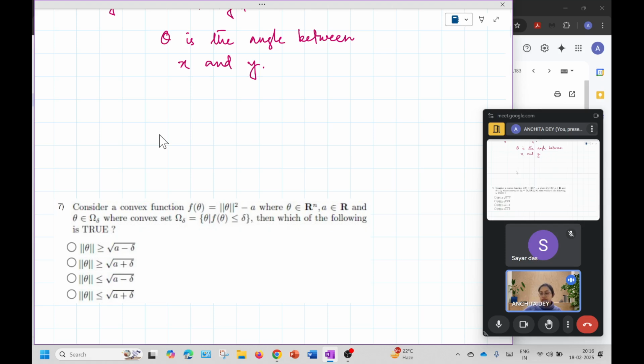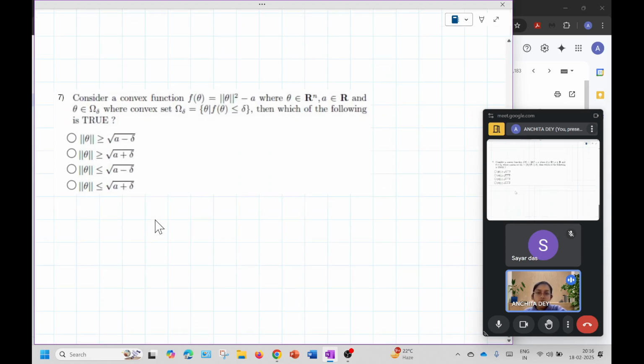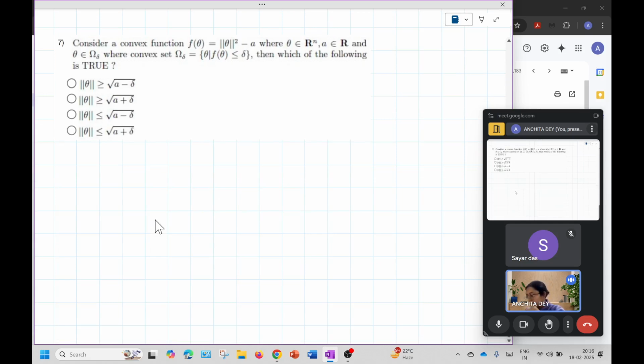Let's now move to question number 7. We are given a convex function f of theta, which is given by norm of theta squared minus a. Here theta belongs to R^n, a belongs to R, and theta is known to belong to a set called omega d.